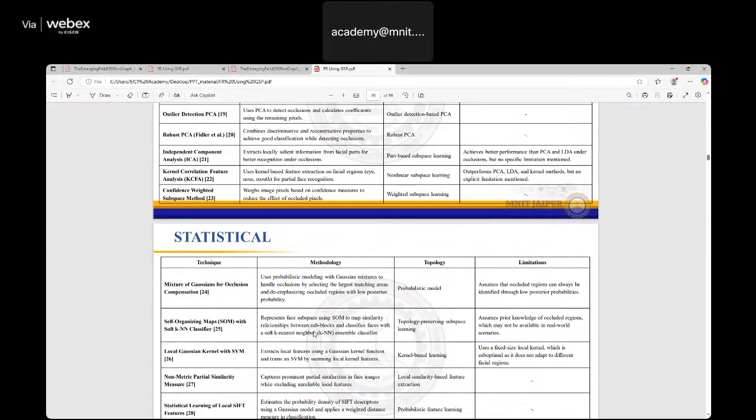Another is the stress trigger parameters, which is a mixture of Gaussian occlusion compensation. There are also self-organizing maps where spaces and subspaces are represented to simulate a relation between subblocks and class by pair, and local Gaussian kernel with SPM.